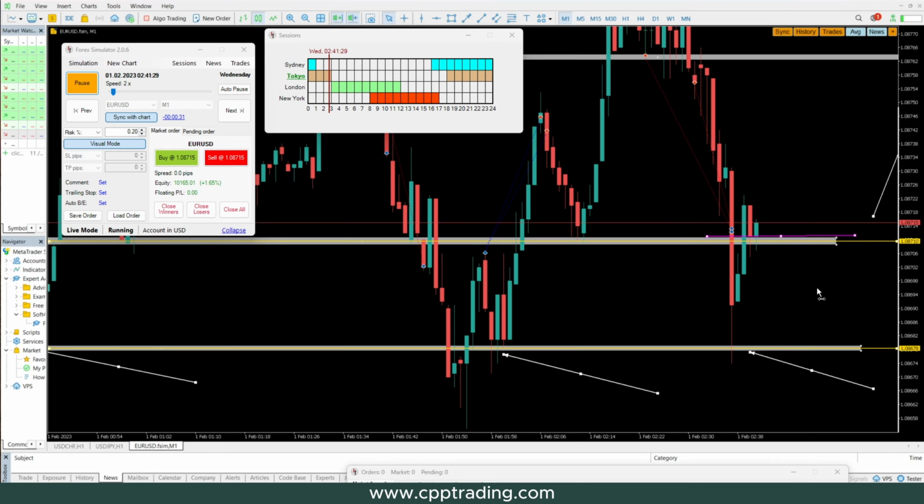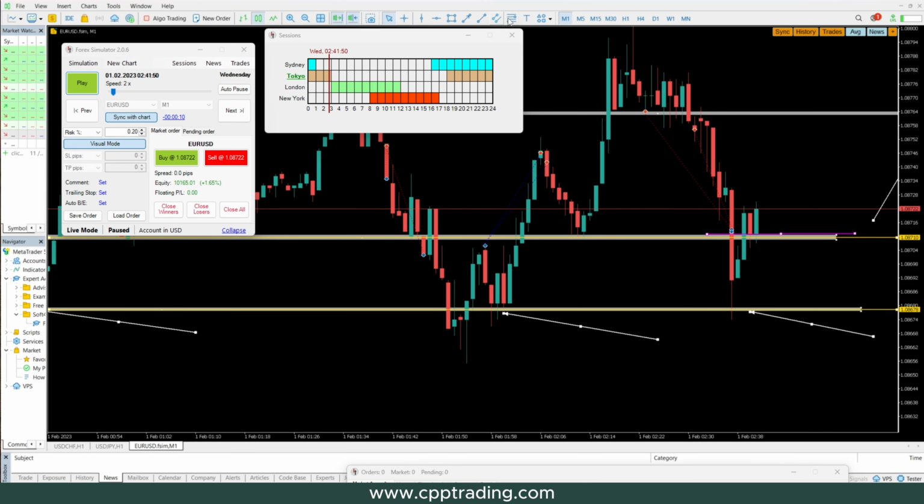So I'm looking at this on the 1 minute. Now let's see, are they breaking the high of this bull candle? Okay, they're breaking the high of the bull candle, beautiful. Let's see what our risk reward ratio would be. A little bit less, but I can manage.